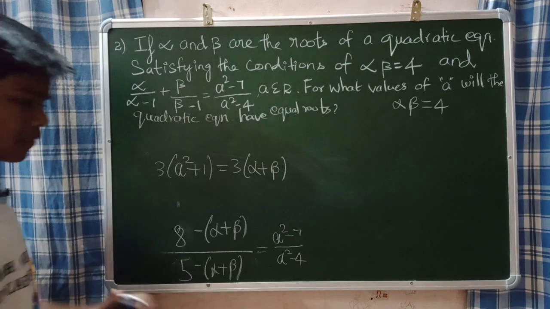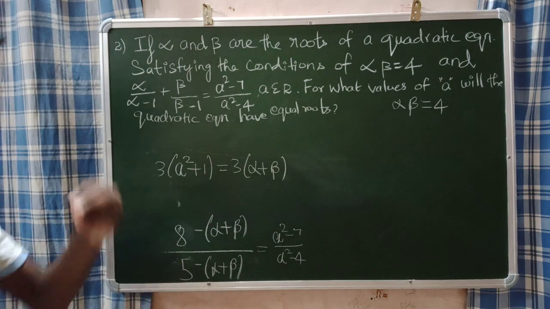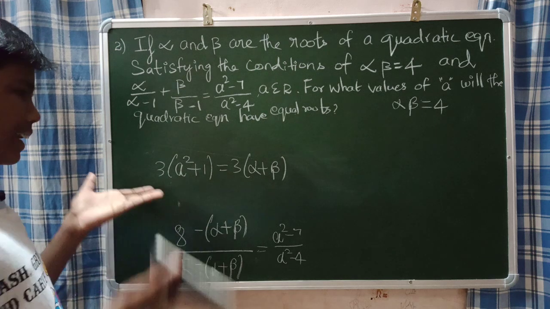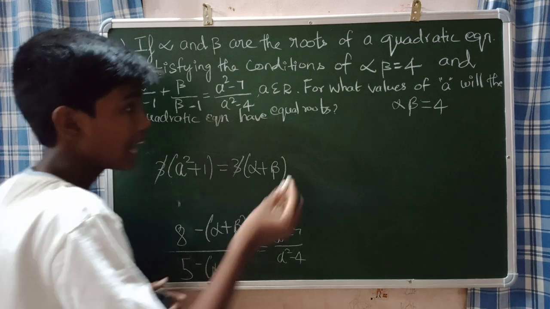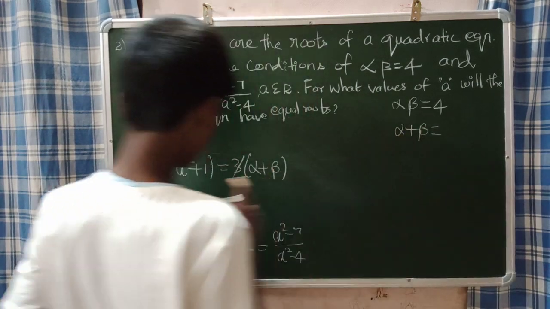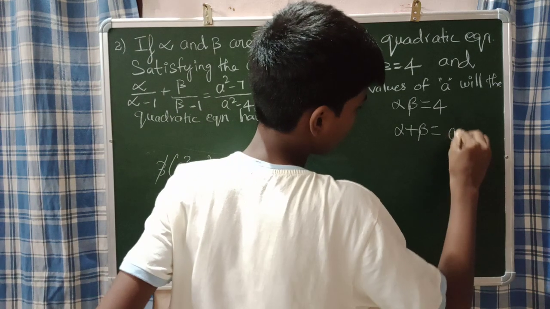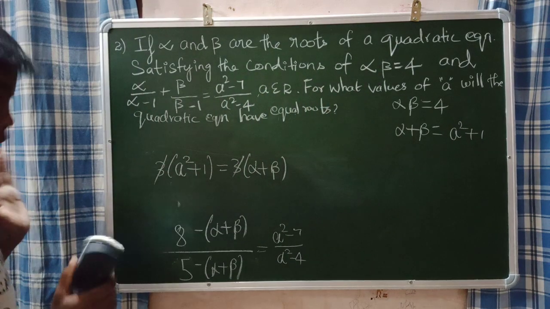When you do that, 3 will get cancelled. That means alpha plus beta is equal to a square plus 1, and this is what we got now.